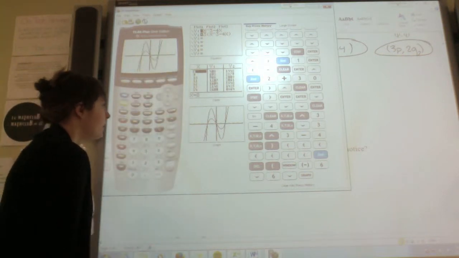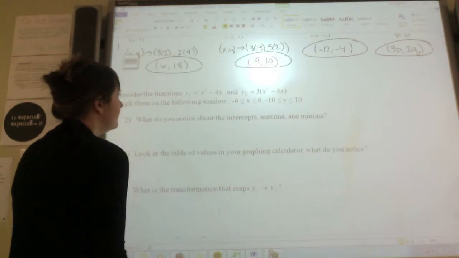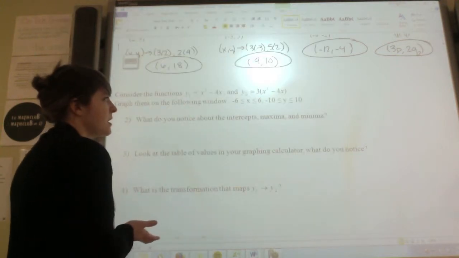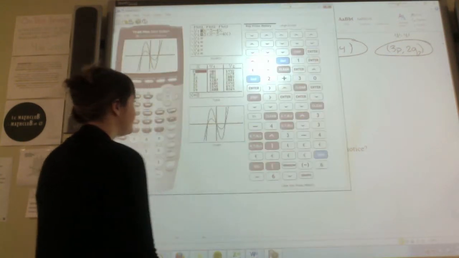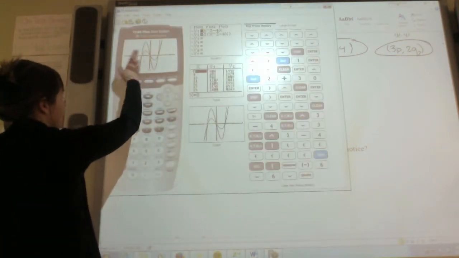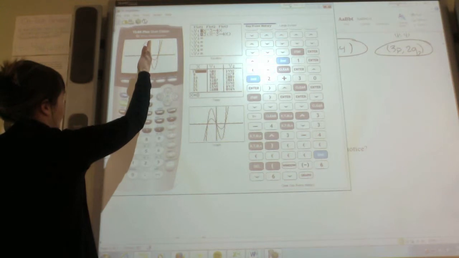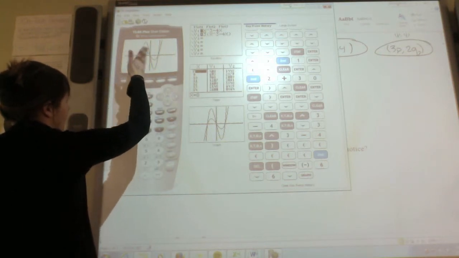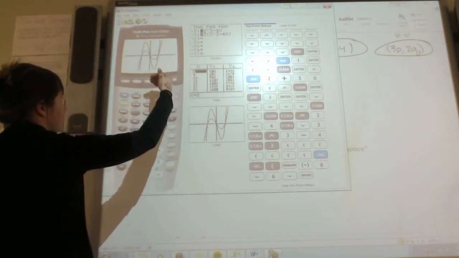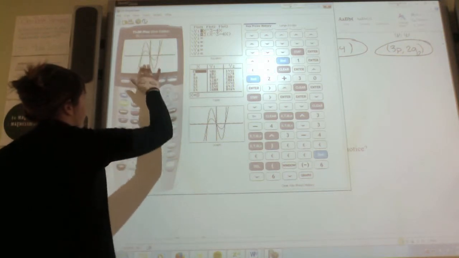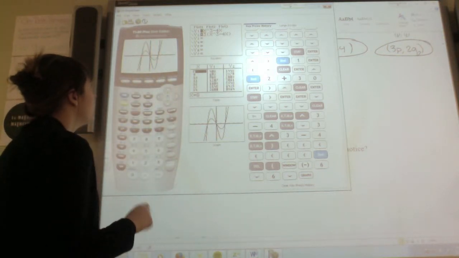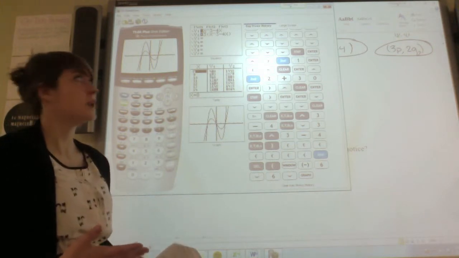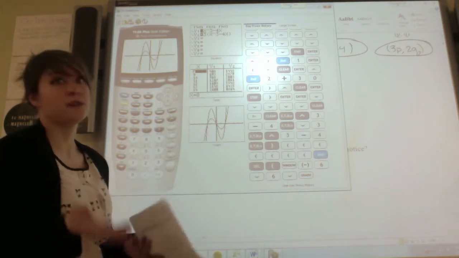So what do you notice about the intercepts, maxima, and minima? If I'm looking at the intercepts, I'm looking at where the lines are crossing the x-axis and the y-axis, and for the maxima and minima, I'm looking at these relative maxima and minima here. What I notice is that the intercepts are the same.